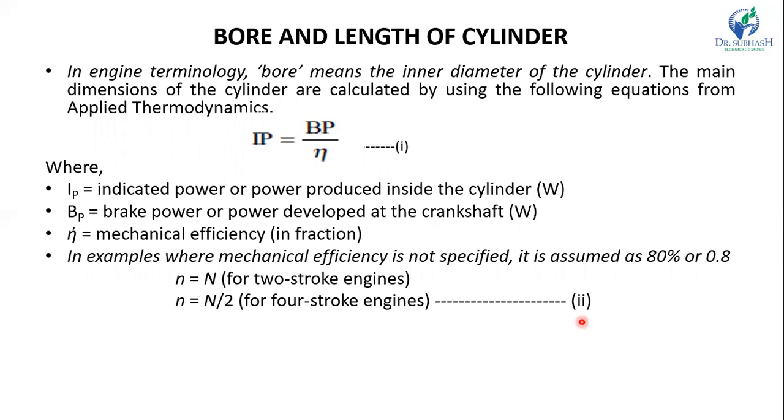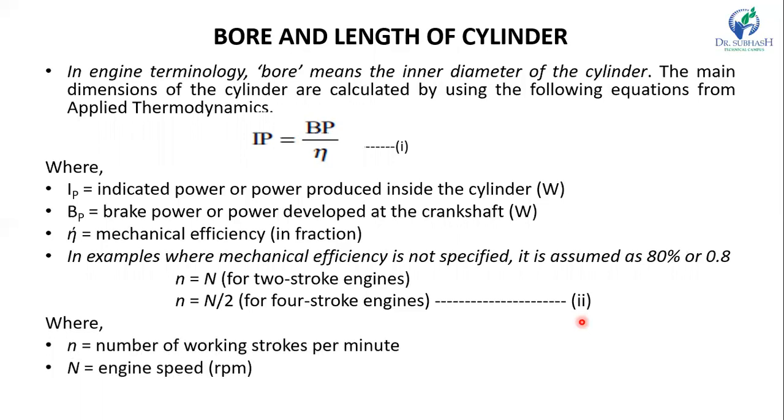So small n is the number of working strokes per minute, and capital N is the engine speed in RPM, revolutions per minute.